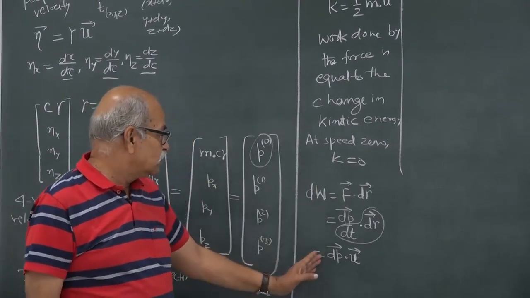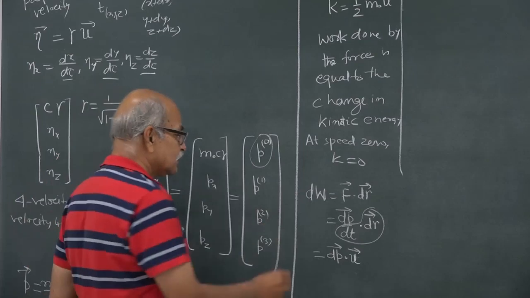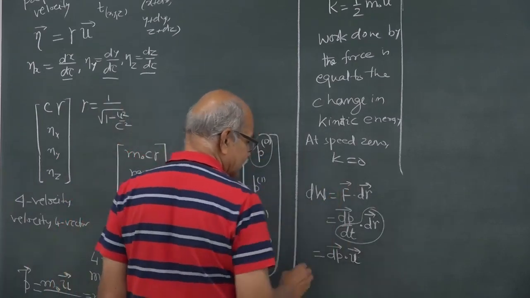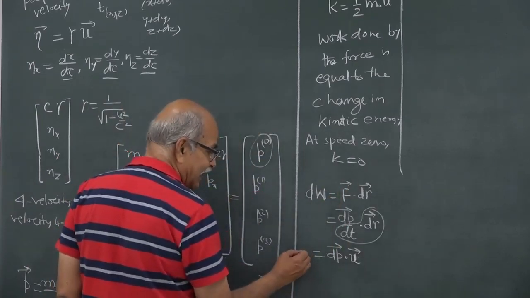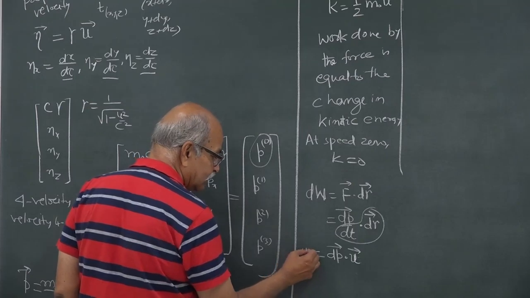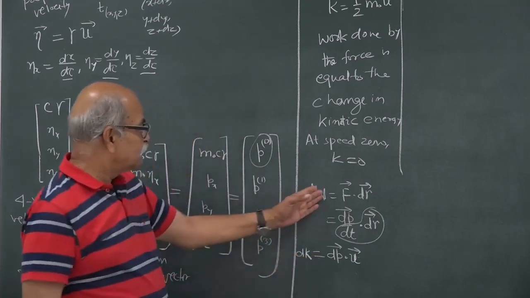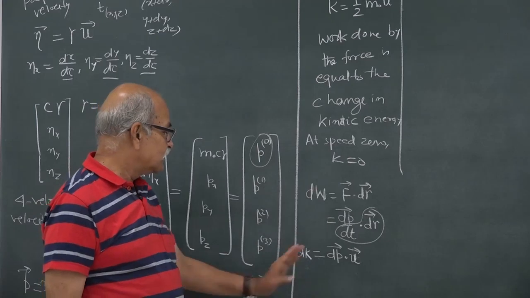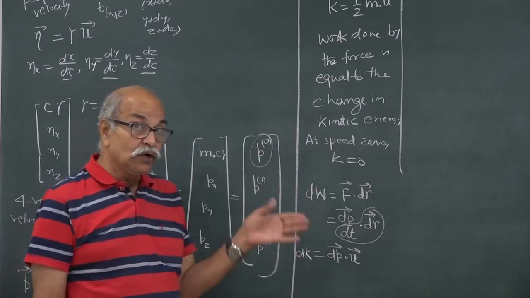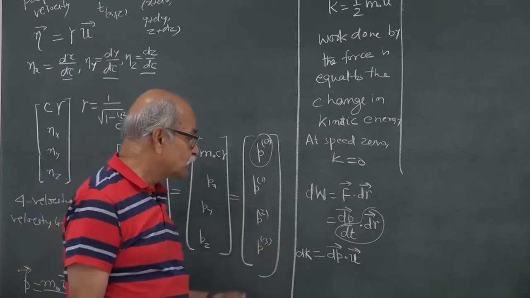So, this is the work done, and this is change in kinetic energy. So, you can write this as dk, okay, dk. Work done by the force is equal to the change in kinetic energy. Now, in non-relativistic speeds, what we do?